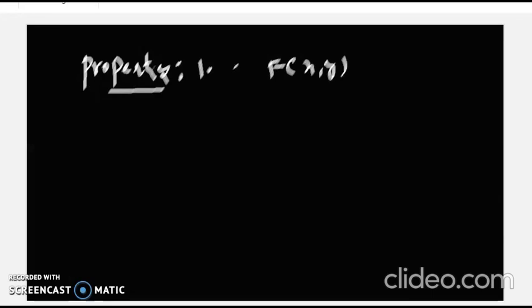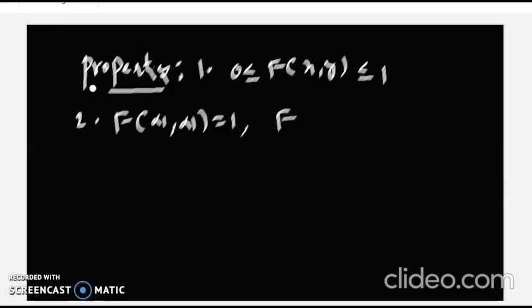In addition, we have some properties. First one is that the cumulative distribution function capital F of x comma y always lies between 0 and 1. Second, capital F of infinity comma infinity is equal to 1, and capital F of minus infinity comma minus infinity is equal to 0.